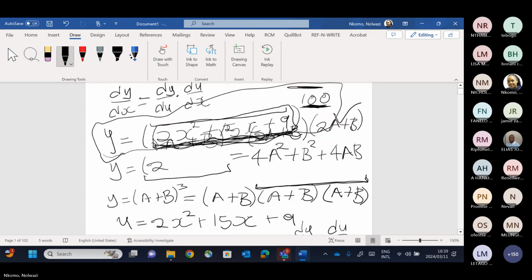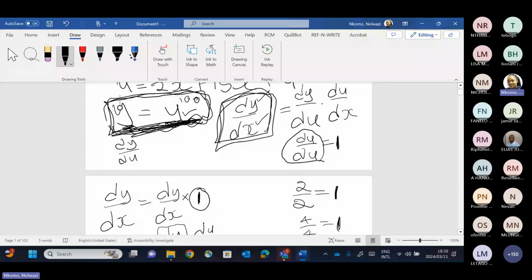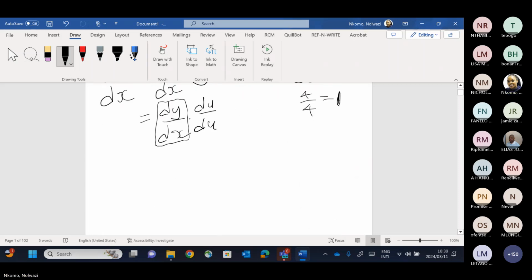But we introduced a new variable, which is u, right? And we said from this function we can find dy over du, right? So this means here we can have something like this.